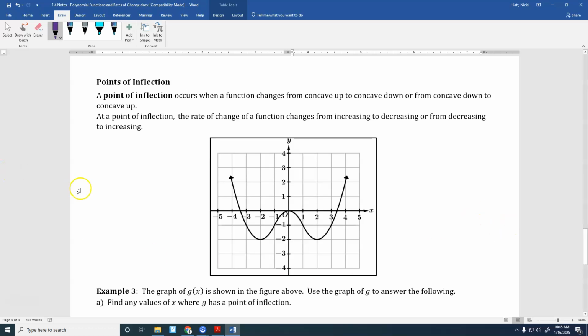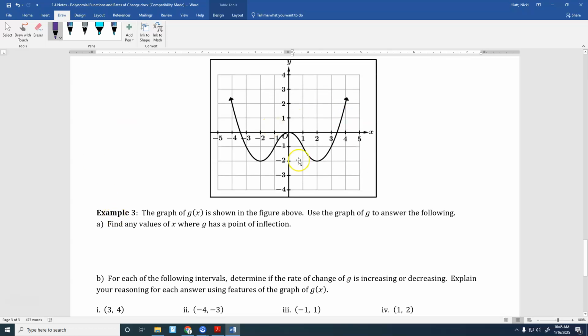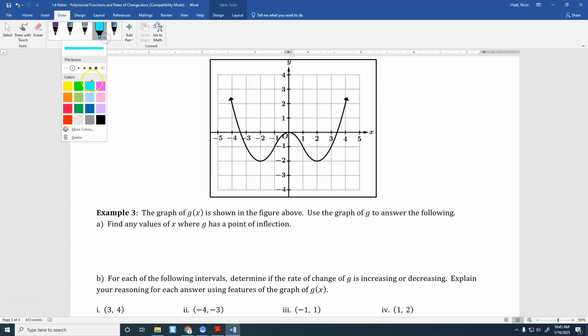So for example, in 3, they're asking us to find any values of x where g has a point of inflection. Okay, so we're thinking about where we're switching from concave up to concave down. If we trace this graph here, on this part we are concave up, curved up, right?